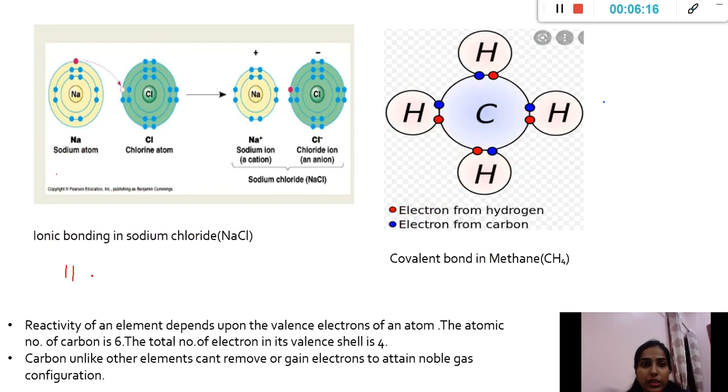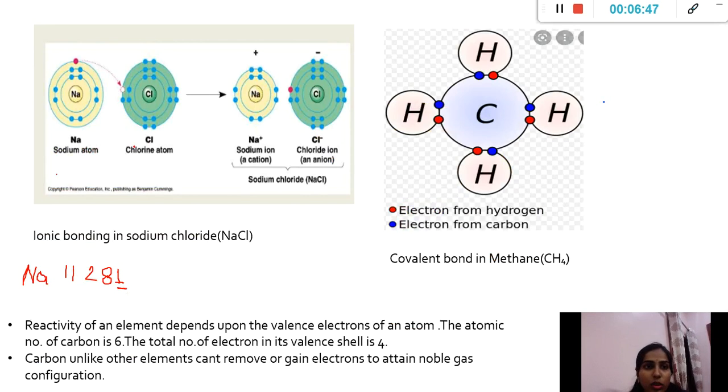Then its electronic configuration will be 2, 8 and 1. And 1 is the valence electron.